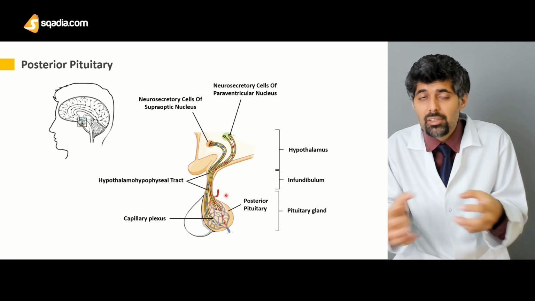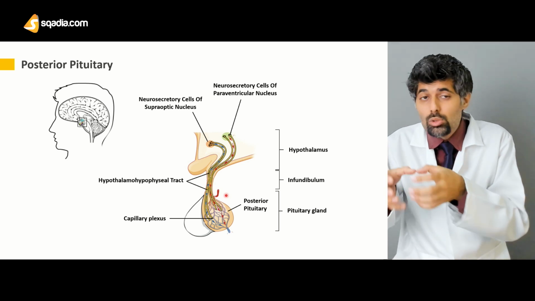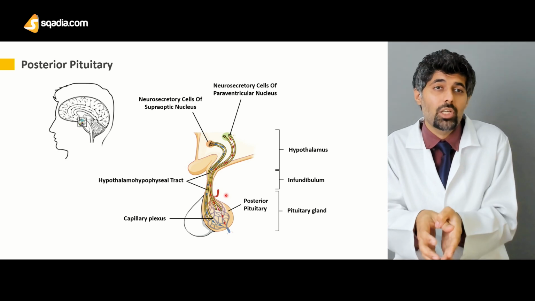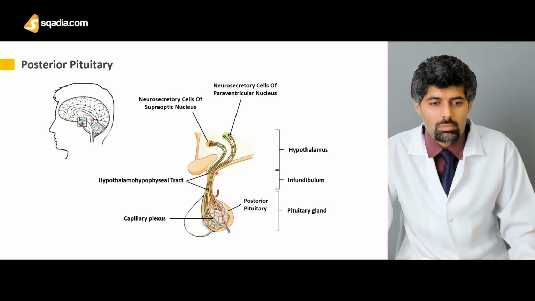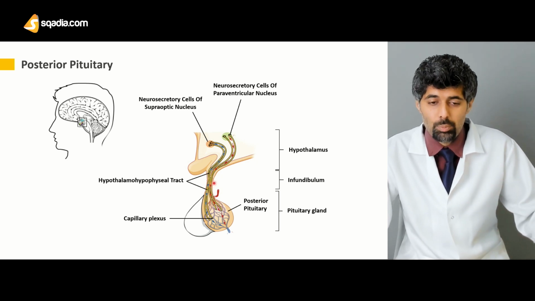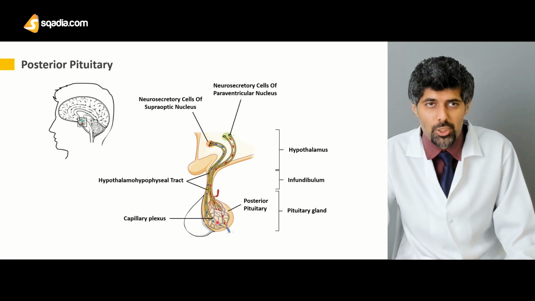So this tract is nothing but a collection of axons whose cell bodies are found in the hypothalamic nuclei. When the hormones produced travel downwards into the posterior pituitary through the axoplasm, they are released into the posterior pituitary.